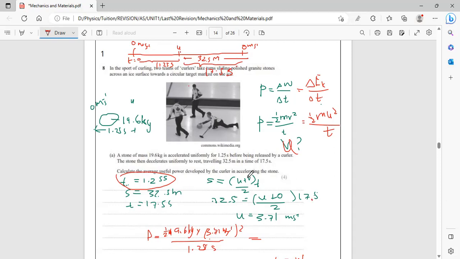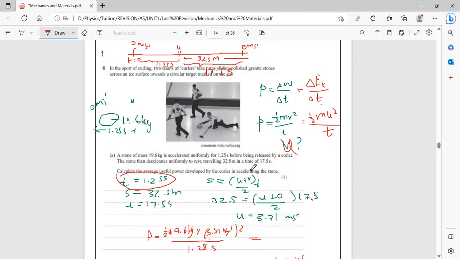So we use s equals (u plus v) over 2 times t. s is 32.5, u is u, v is 0, time is 17.5. So u is 3.71.